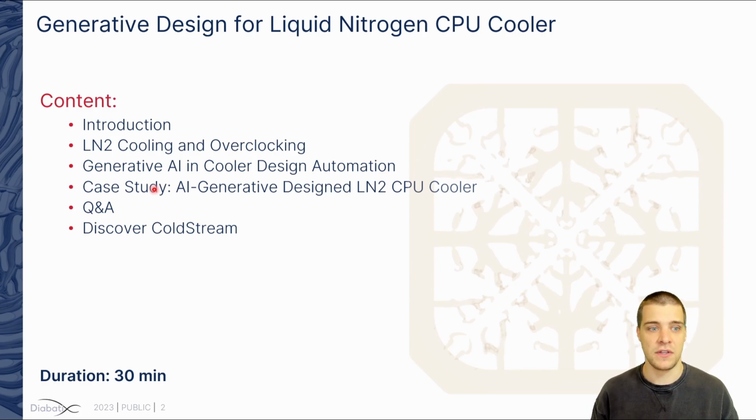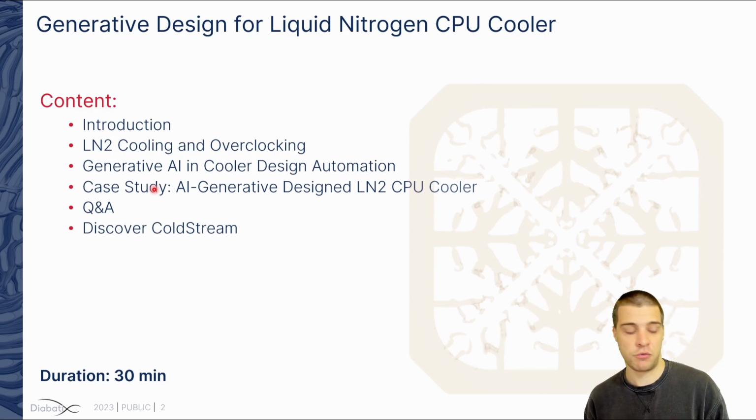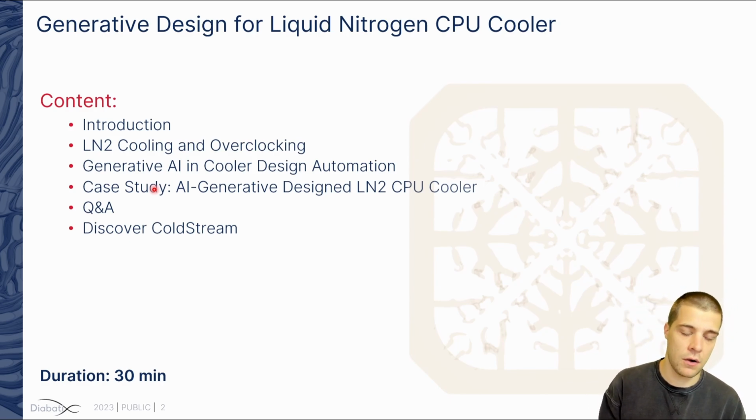Okay, going over the content. Let's start with introduction. I do see a few new names or names I don't recognize, so I will also do a quick introduction about our company.